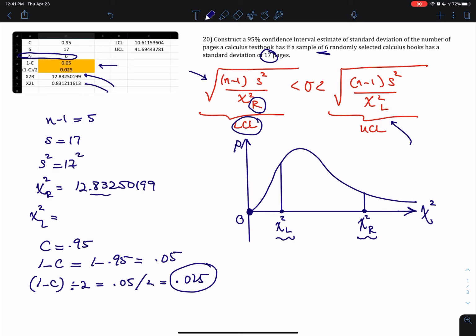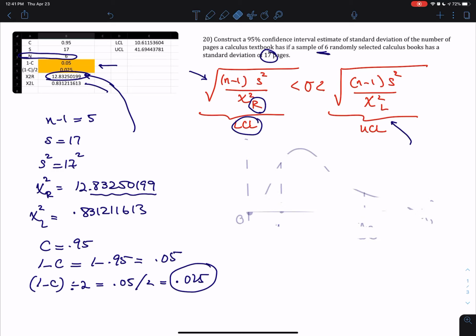Of course, you don't have to worry about typing all this, because if you're answering this computationally on a test or an exercise, you'll just be calculating these values on a spreadsheet like I have here, and you'll just be clicking on it and you capture the whole thing. So you don't have to worry about how many decimal places to carry. And this one will be 0.831211613. And that will be the chi-square left value.